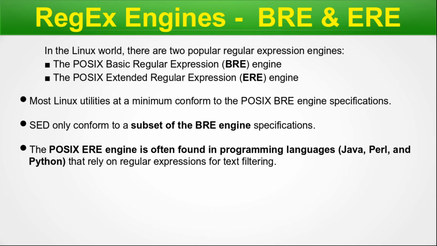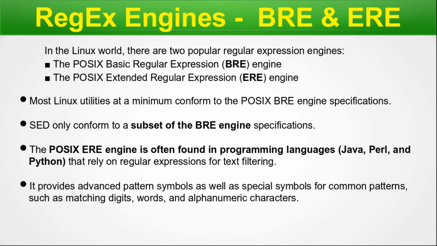These languages' regular expression engine is ERE, not BRE. It provides advanced pattern symbols as well as special symbols for common patterns such as matching digits, words and alphanumeric characters. We are talking about ERE here.